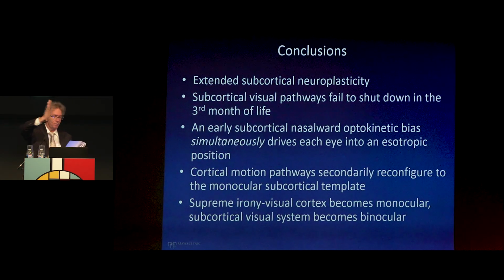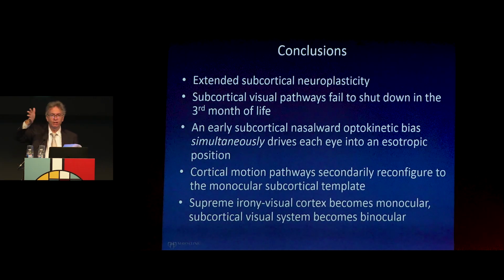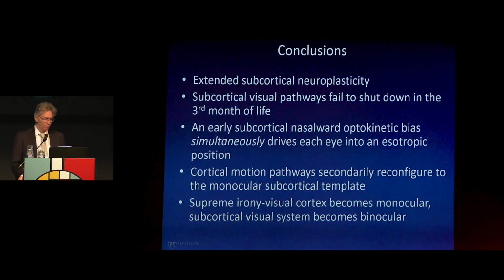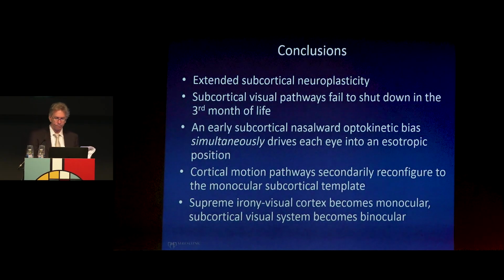Whichever direction an object is moving, the child can now follow it with the eye that's receiving nasalward input. And we've recently reported a spontaneous fixation shift in children with infantile esotropia induced solely by a directional reversal of the horizontal optokinetic motion.